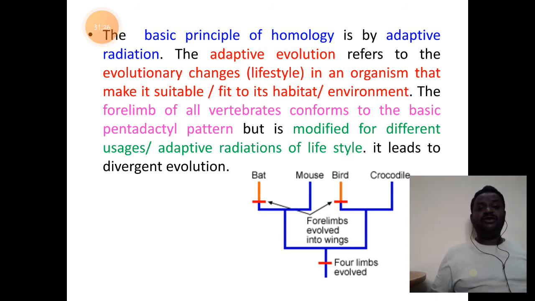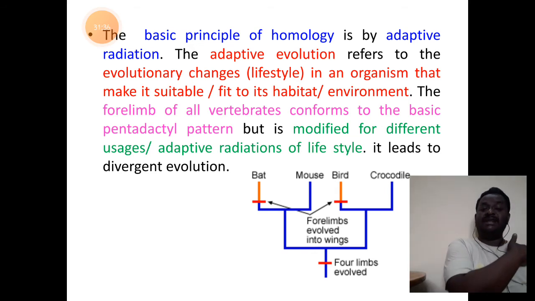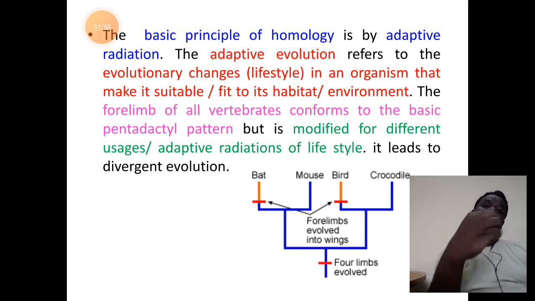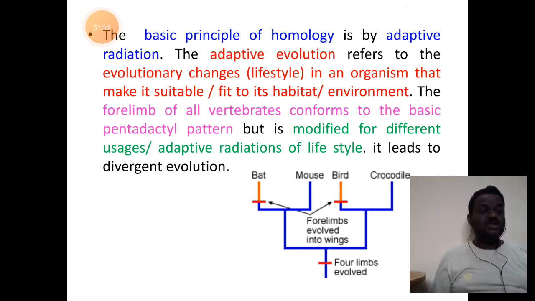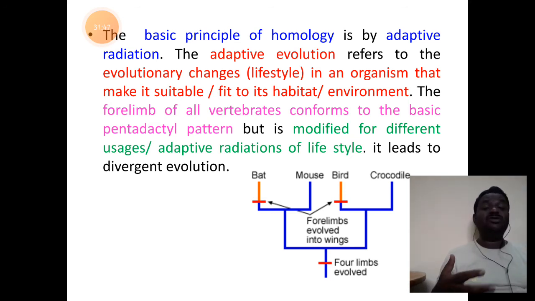So in the picture, the point of start refers to the common ancestor form of the vertebrates. It has led to different groups of vertebrates. So a single ancestor forming many species is what we call divergent evolution. We also call it monophyletic evolution, which means from a single common ancestor, different species of organisms are formed.